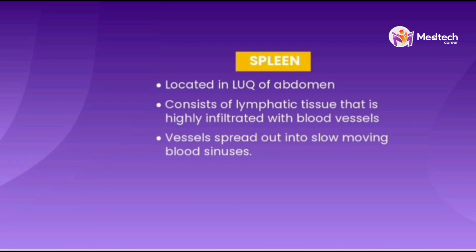Okay, let's see about lymphatic organs. The spleen is located in the left upper quadrant of the abdomen. It consists of lymphatic tissue that is highly infiltrated with blood vessels. The vessels spread out into slow moving blood sinuses.